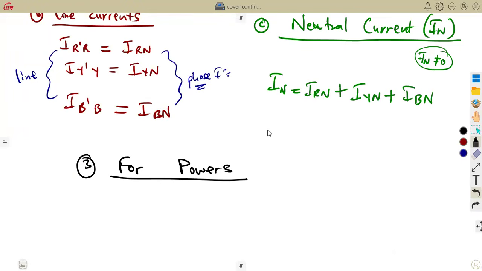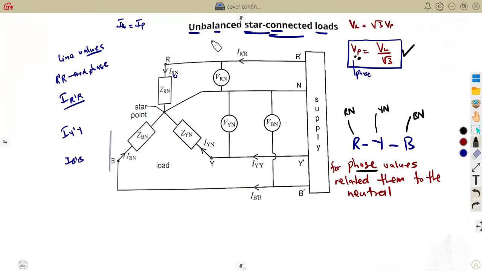The same thing as I defined from the unbalanced, the word unbalanced. It means the power is not the same again. The power that we have for the red phase cannot be equal to the power that we have in the yellow phase. It cannot be the same as the power that you have in the blue phase. It can't be. For unbalanced, it's not the same.